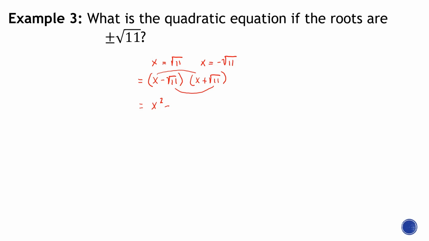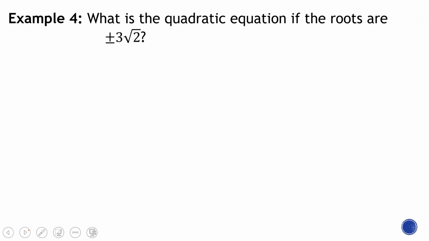Negative times positive is obviously negative, and square root of 11 times square root of 11 is obviously 11. Of course, some of you might be thinking, okay, 11 times 11 is 121, right? But the square root of 121 is 11. So you can just cross out the radical sign, and that gives you 11. Okay, let's see the next one.